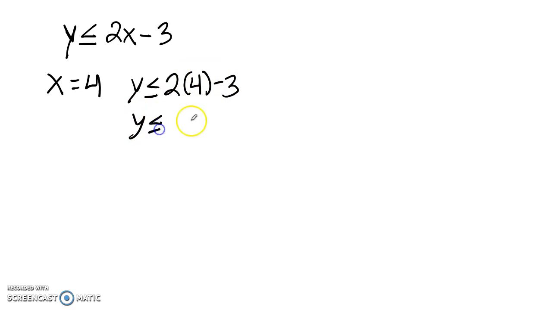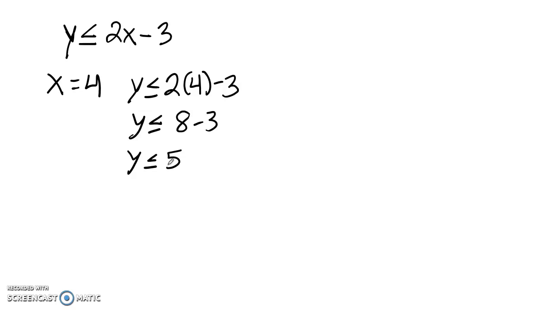So I'm going to plug in 4. 2 times 4 gives me 8. 8 minus 3 gives me 5. So I know that my y value, in order for this to be a satisfied inequality, has to be less than or equal to 5.